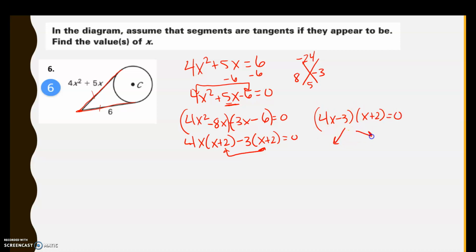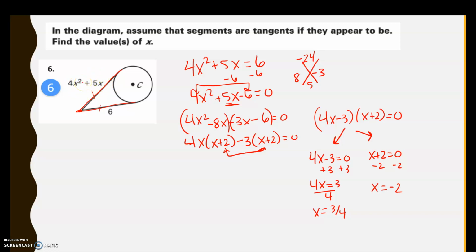I'm going to have two equations: 4x minus 3 is equal to 0, and x plus 2 is equal to 0. Adding 3 to both sides, 4x is equal to 3, which means x is equal to 3/4. And subtracting 2 from both sides, x is equal to negative 2. Because I have that negative in there, I want to double check that if I put a negative back into this guy here, because it's a distance, I don't get a negative value for my distance.